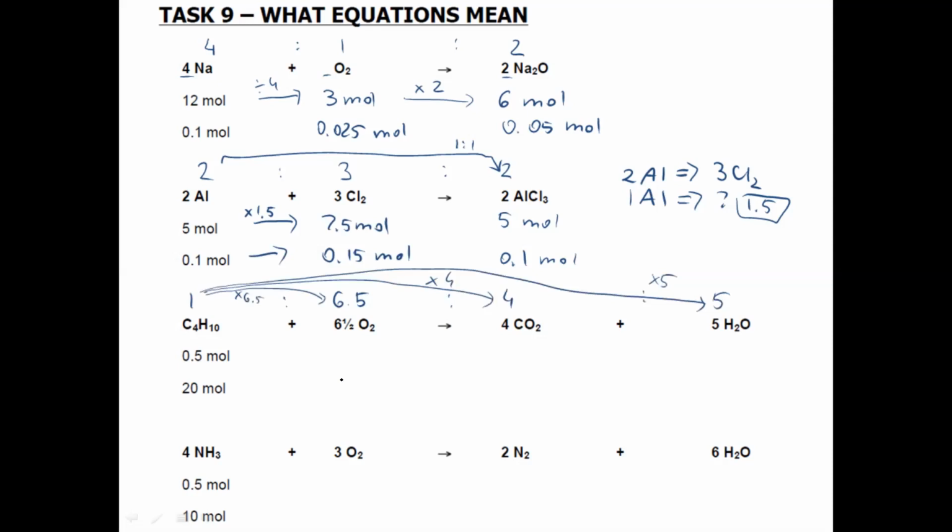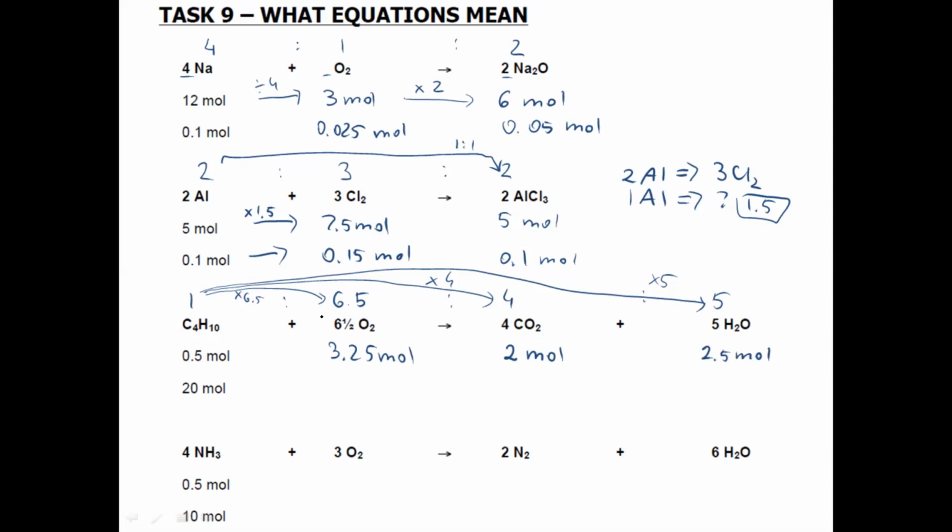So we're not going to go in between each of these terms, we just times as we go. So 0.5 times 6.5 gives me 3.25 mole. Basically, I'm halving it. And 0.5 times 4 gives me 2 mole. And 0.5 times 5, half it, 2.5 mole. And the next one, we've got 20 moles.